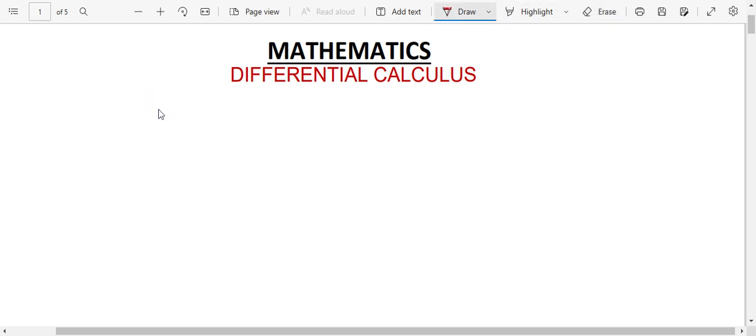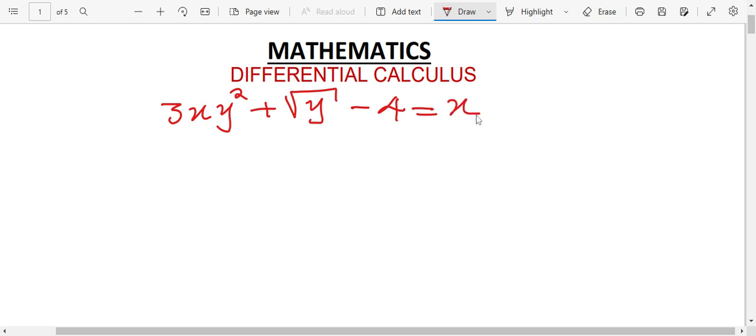So when you have, let's say, 3xy squared plus, let's say, the square root of y, minus 4 is equal to x.